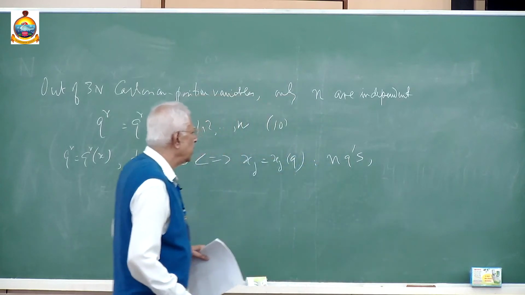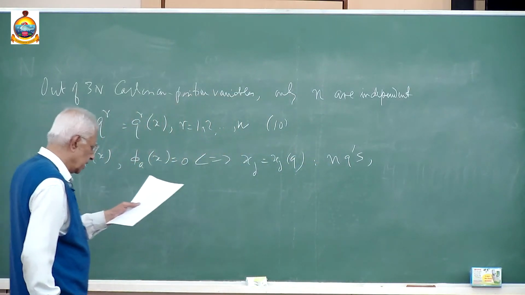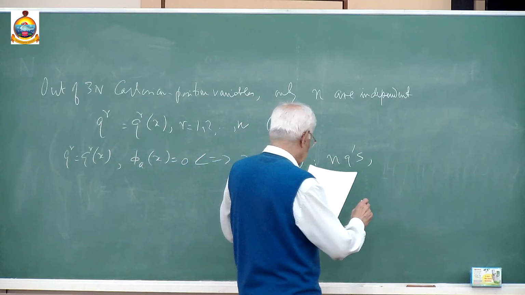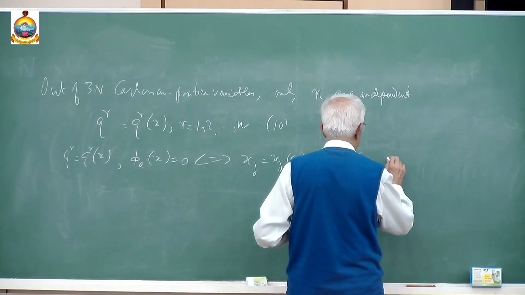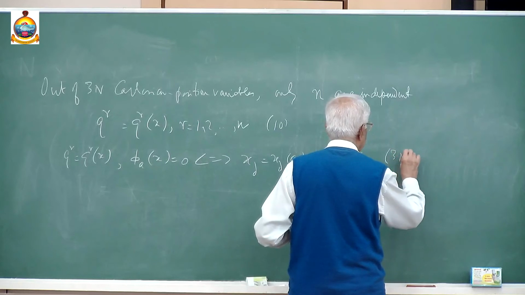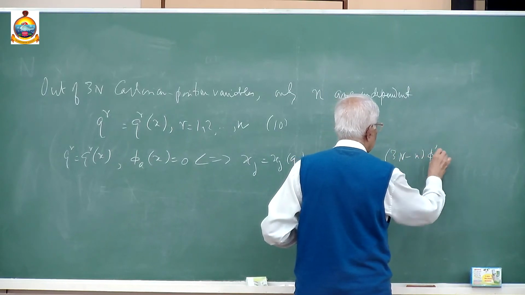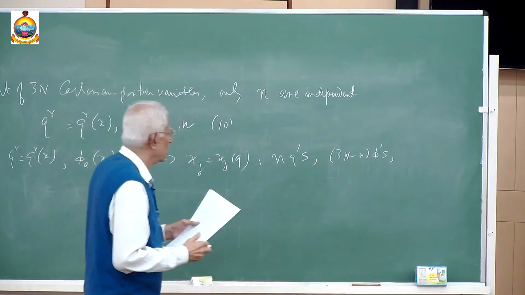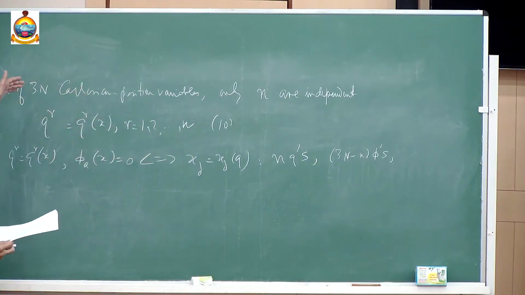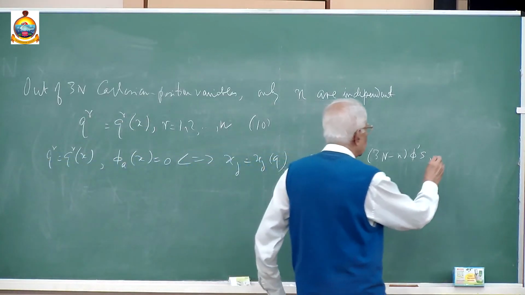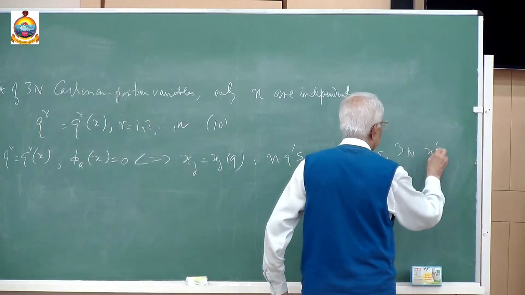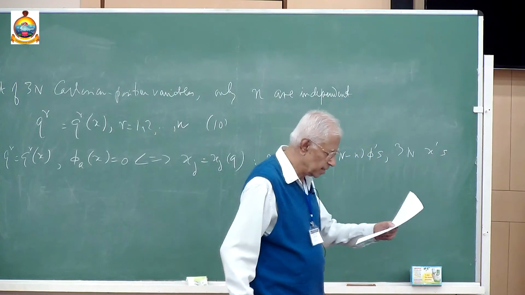The number of independent q's is little n. The number of constraints is the original 3n Cartesian variables minus little n, and the number of original Cartesian variables is 3n.